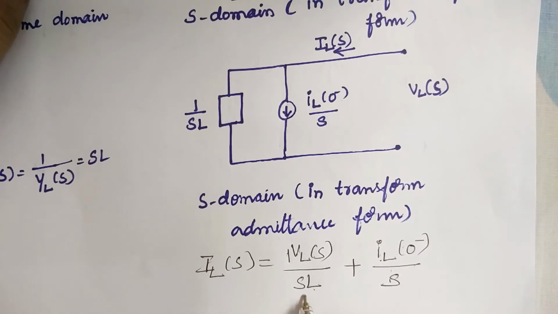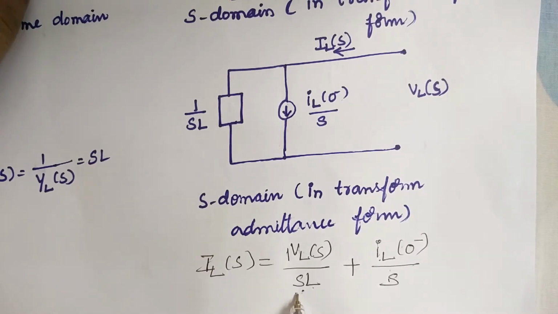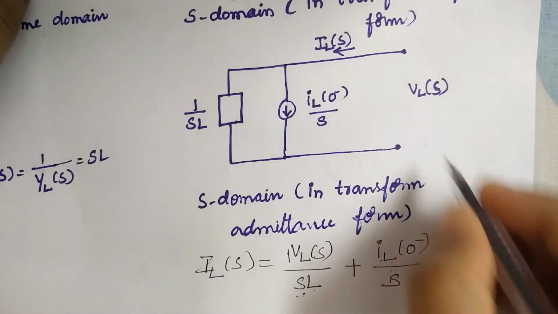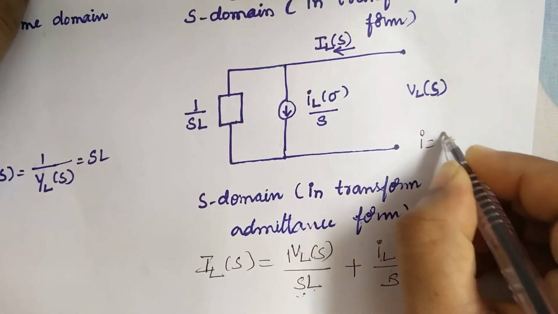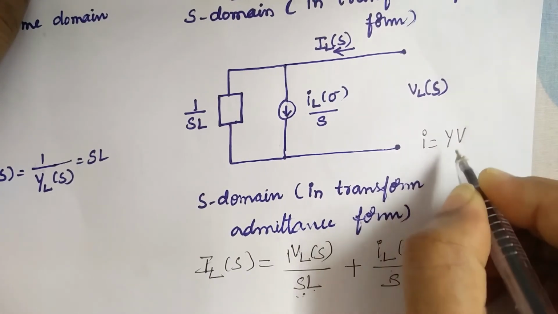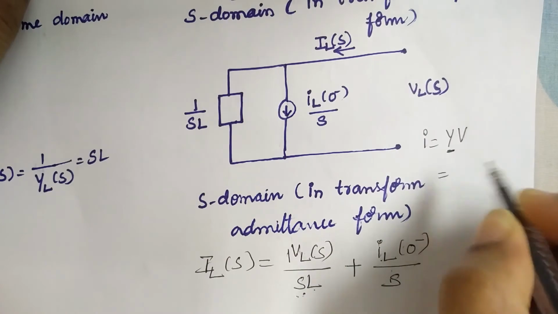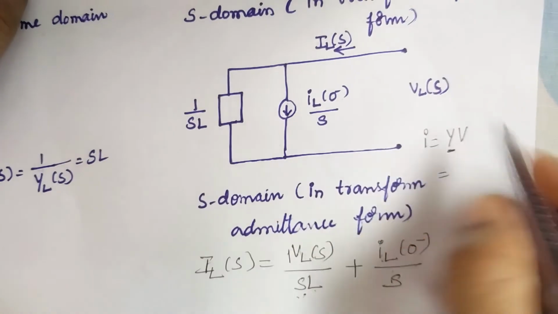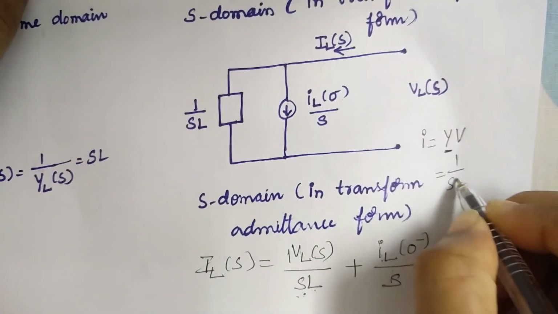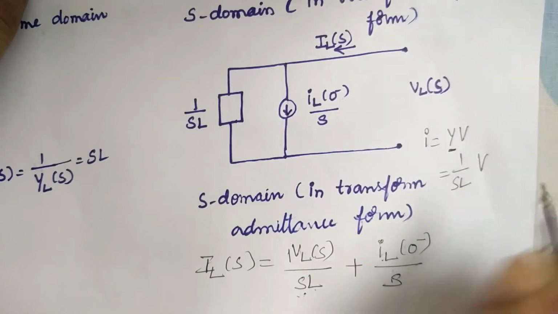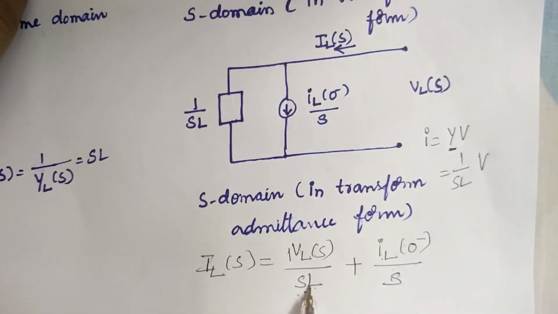Transformed admittance of inductor. Admittance. So current I is equal to YV, you may write. So what is your Y? Admittance, right? So this is 1 by SL into V. Clear? In that way you got this equation. So this is about inductor.